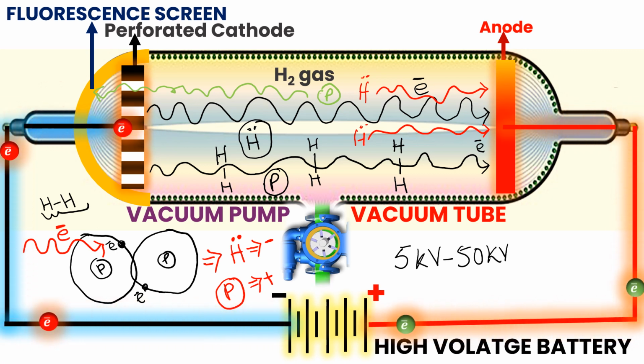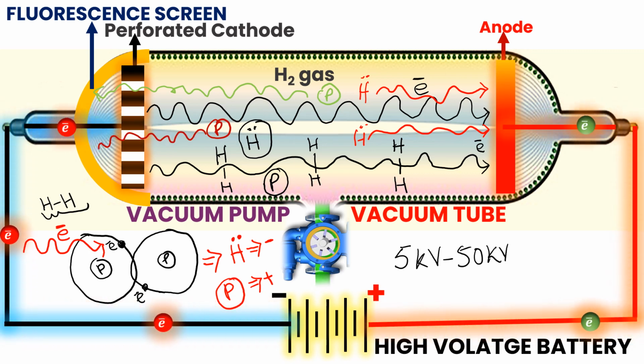Similarly, continuously the protons, or nuclei of the hydrogen atom, will pass through the perforation of the cathode and fall on the fluorescent screen.